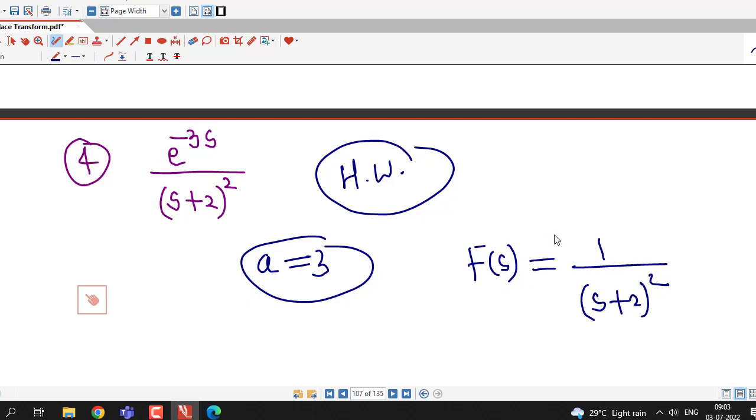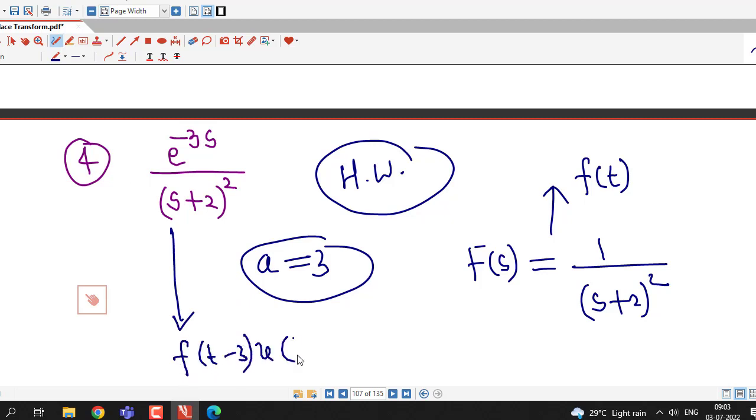So first obtain L inverse of this function and denote it by small f of t, and by the second shifting theorem L inverse of this function will be equal to f of t minus 3 multiplied by the unit step function at point 3. So remember this important result and apply it whenever you have a question like this.